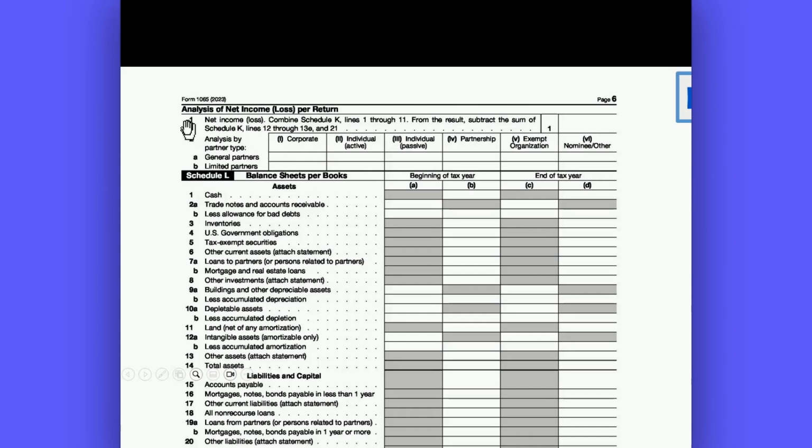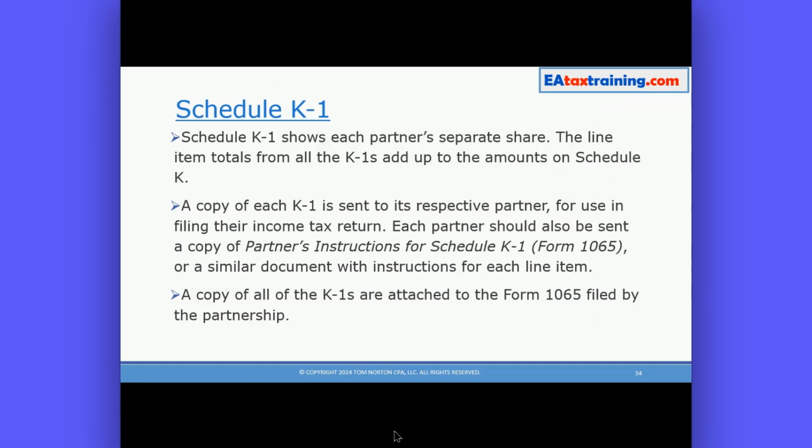And later we will talk about Schedule M1, which will reconcile book income to this Schedule K analysis of net income. Now the Schedule K1. The K1 shows each partner's separate share. So the line item totals from all the K1s will add up to the amounts that we just saw on Schedule K.